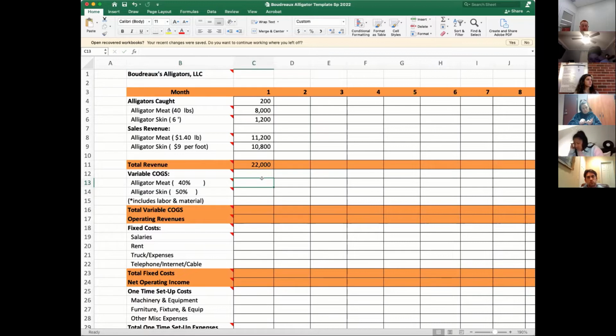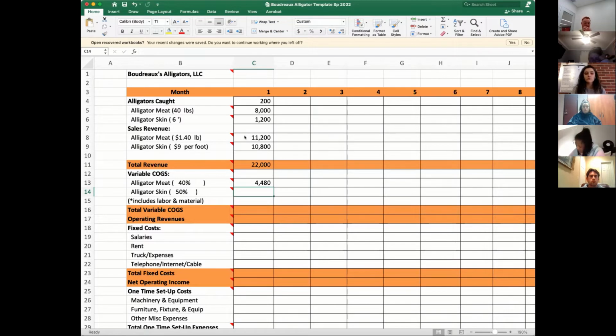That means that he takes an alligator over to this place to have it processed. They process it, and to process it, they're going to charge him 40% of what his sales cost. In this case, he's got $11,200 in revenues times 0.4 or 40% is $4,480.